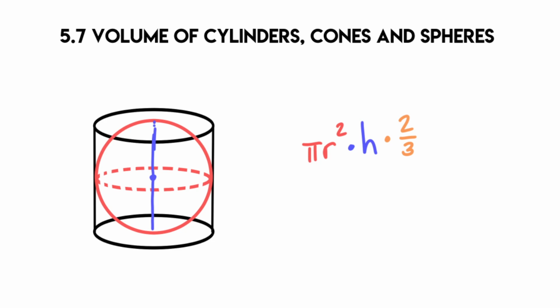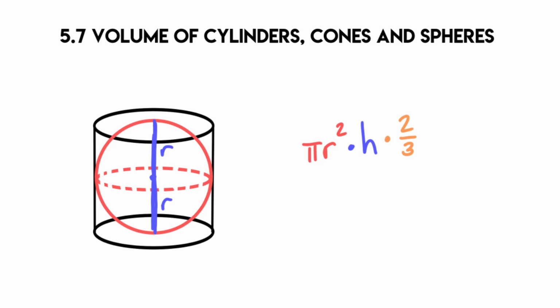You are not going to be given the height of a ball, but remember that from the middle to the top is a radius, and from the middle of the sphere down to the bottom is also a radius. So the height is actually going to be 2 radiuses. Just keep that in mind. When the problem only says r is equal to 2, you just have to keep in mind that height is going to be the diameter of this, or 2r.